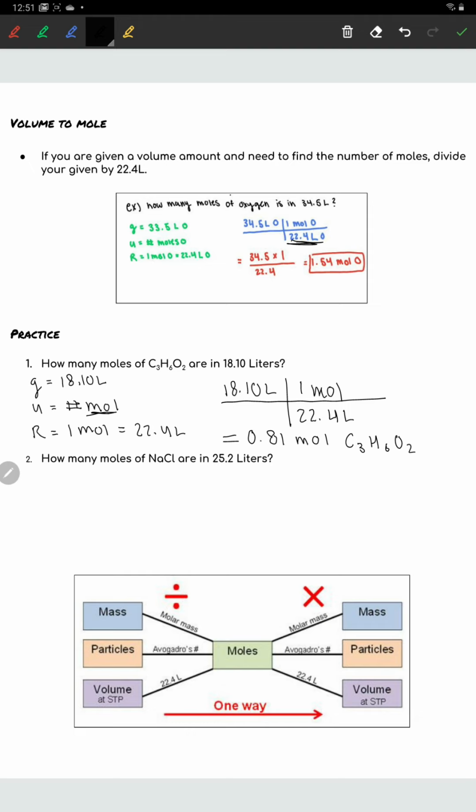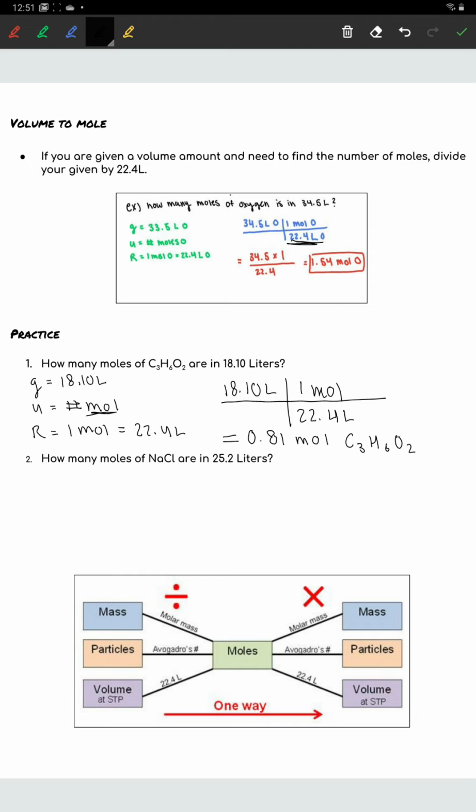Okay, so I would suggest pausing the video again. Try number 2. It says how many moles of sodium chloride are in 25.2 liters. So try this one on your own, and then we'll go over the answer. Okay, so you should have paused the video.